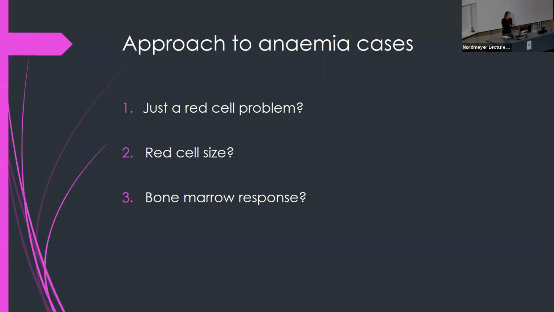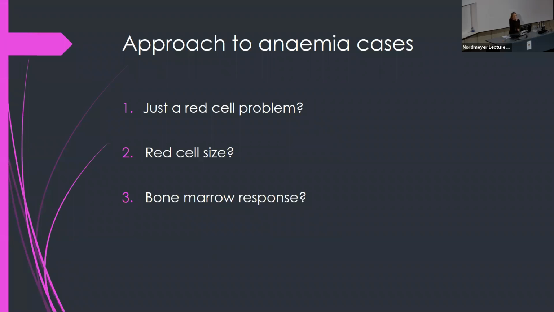Okay, so whenever you've got a case that involves anemia, if we boil it down to real simple principles, one of the things to think about is, is it just a red cell problem, or is the problem affecting white cells and platelets? And then there are two ways of looking at analyzing anemia logically.